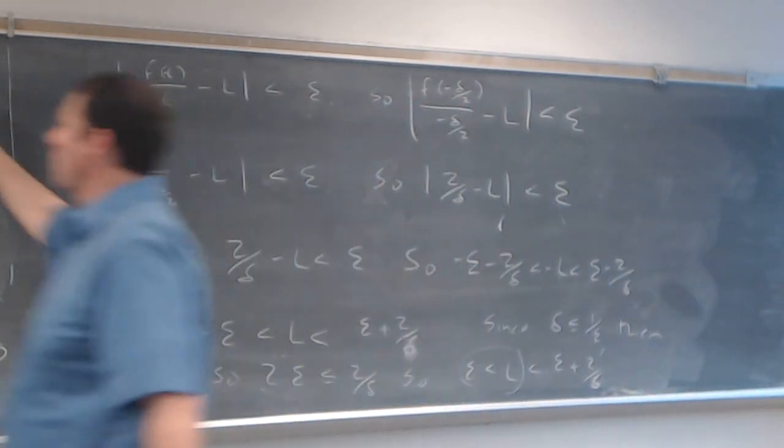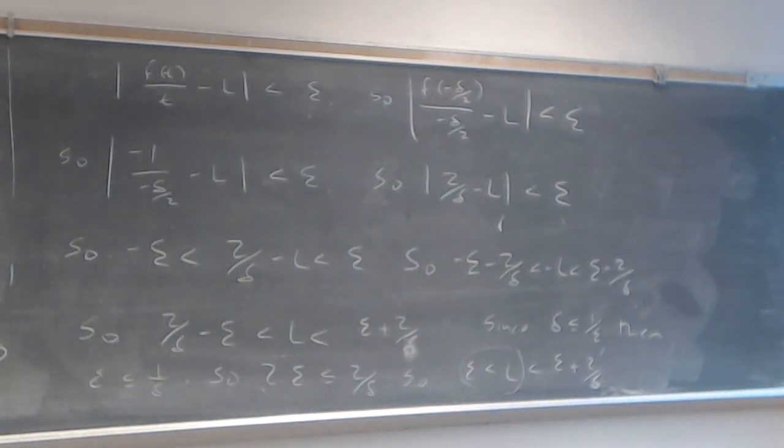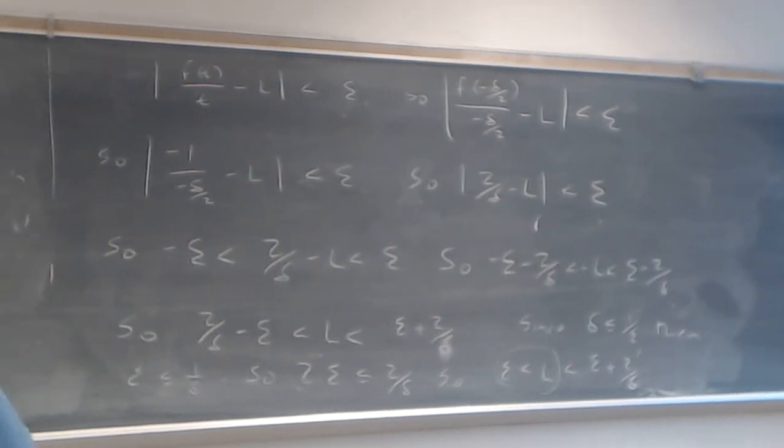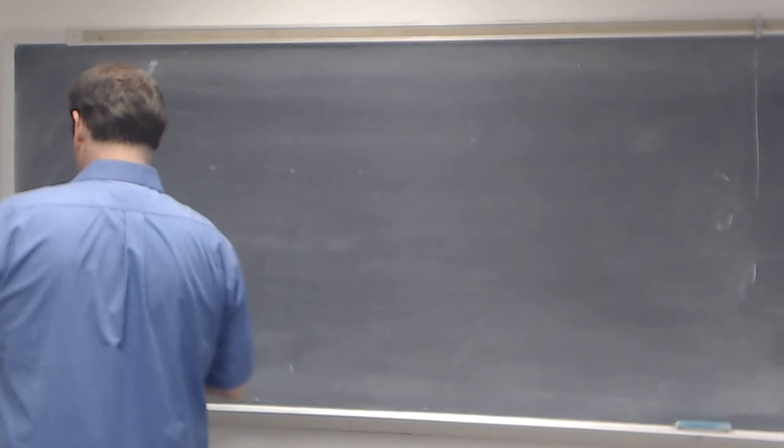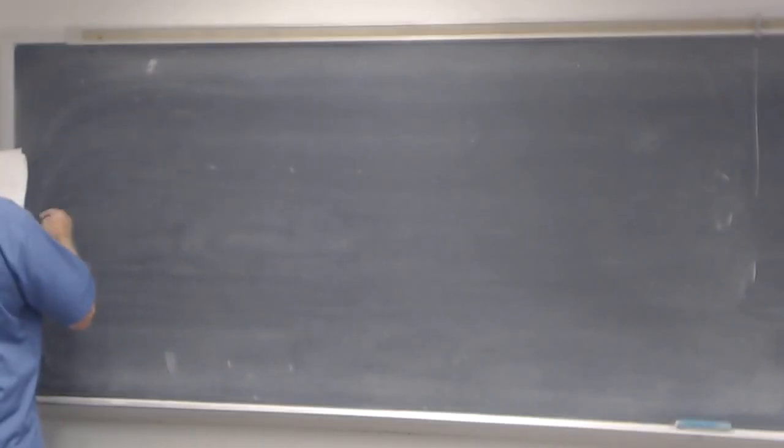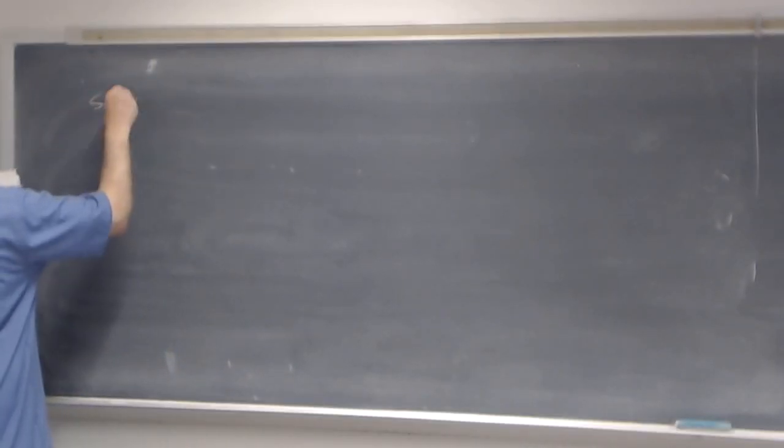Okay, I'm almost done. Now if we look at t being equal to delta over 2, let's write it this way.